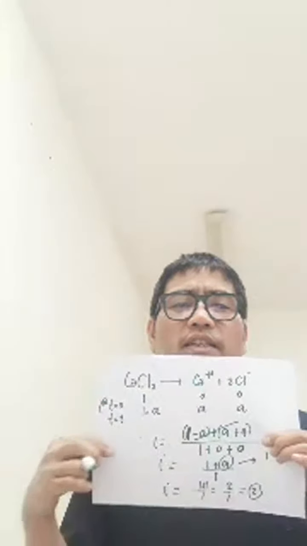So that's why we can conclude that van't Hoff factor i is equal to dissociation factor, and it's also equal to the total number of ions if we treat our degree of dissociation as 100%, or our alpha is equal to 1.